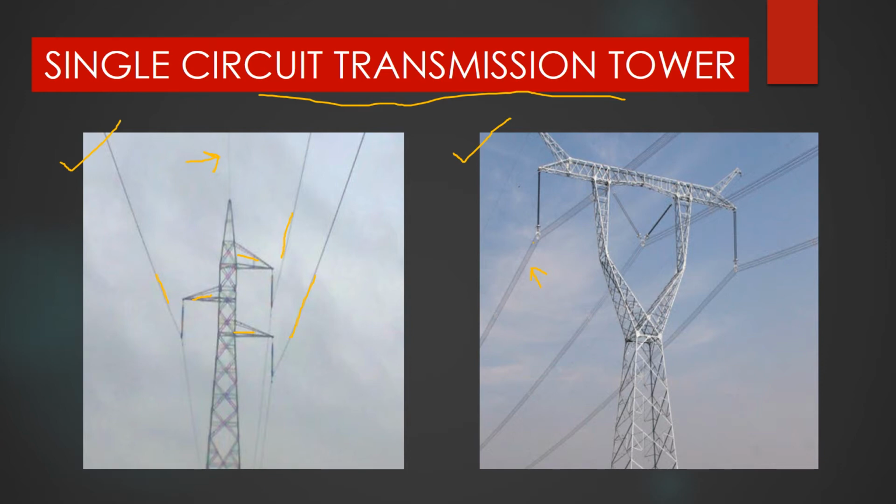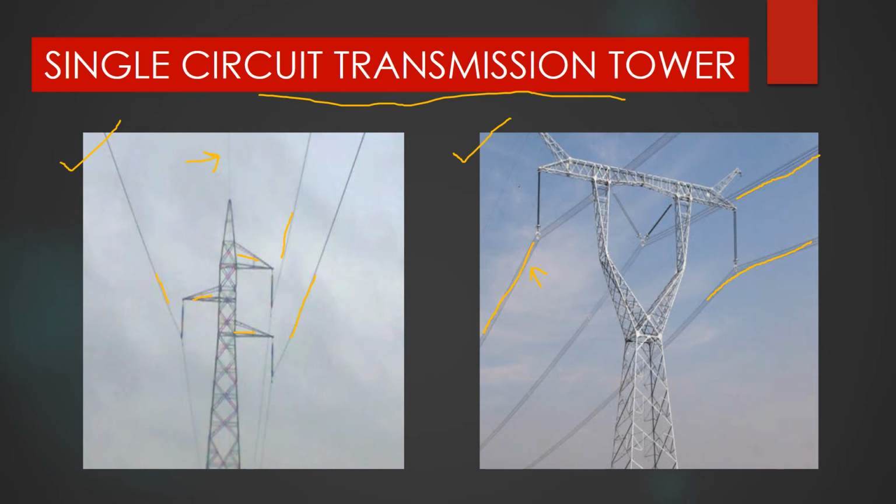Here multiple parallel wires are being considered as a single phase. This is phase 1, this is phase 2, and this is phase 3, or you can say ABC phase. But instead of a single wire, multiple parallel wires are being considered as a single phase here.